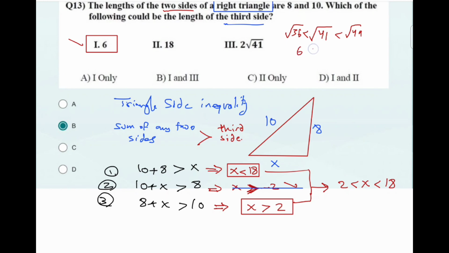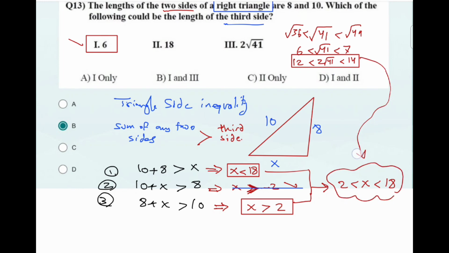So it's between 6 and 7. So 2 times this value, 2 times 6 is 12, less than 2 root 41, less than 14. So we know that 2 root 41 is between 12 and 14, which also falls in this interval. So this is also true. So the answer is B, 1 and 3.